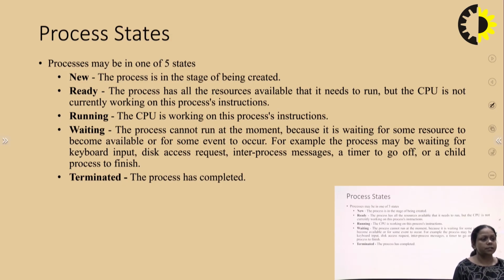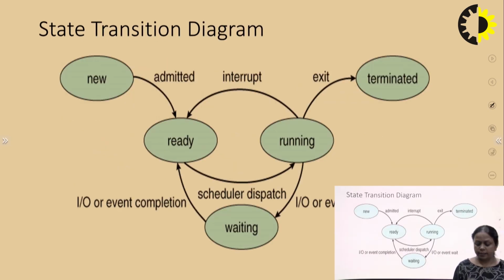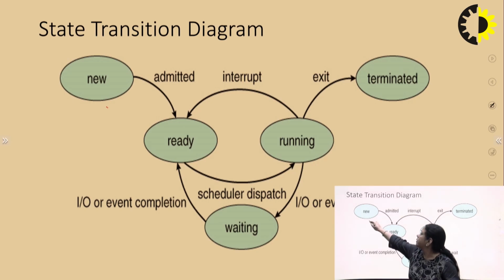And if the process does not get the resource, up to that time it will be in the waiting state. So the last one is terminated. The process has completed. When the process completes, the final state will be the terminated state. Now we can see the diagram. You can see here, this is the diagram for the particular process. So first one is the new state.